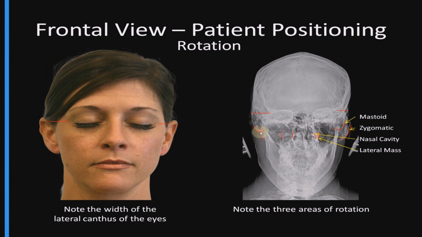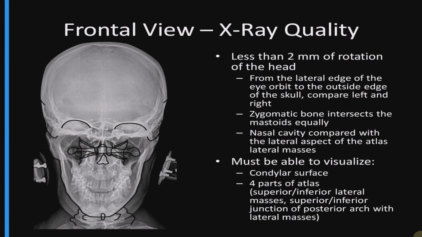And therefore, because it's a skull-to-skull relationship, it's more accurate. The third reference here is the nasal cavity to the C1 vertebrae. And there are numerous things that can actually throw off that symmetry. It can be used as a third reference, but make sure you use lateral canthus as your primary with zygomatic mastoid relationship as your secondary.